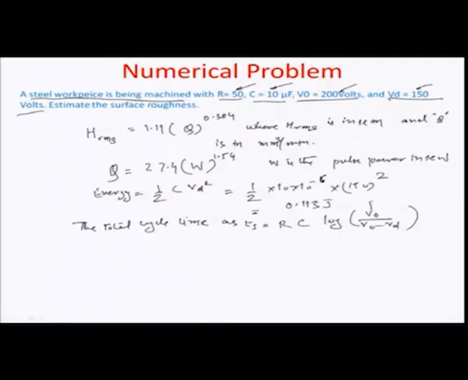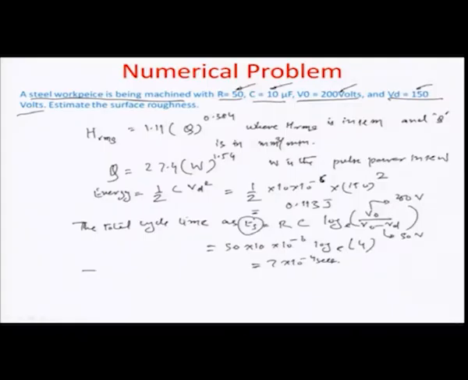In this particular case, V0 is 200 volts and V0 minus Vd comes out to be 50 volts, and so the cycle time is represented as 50 times 10 to the power of minus 6 times log to the base e of 200 by 50, that is 4, and this comes out to be 7 times 10 to the power of minus 4 seconds or around 700 microseconds.